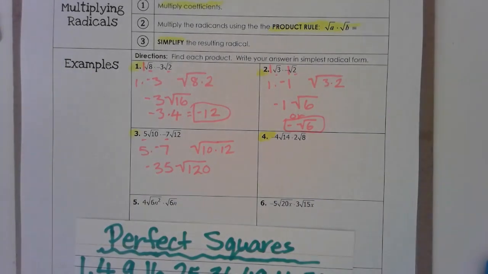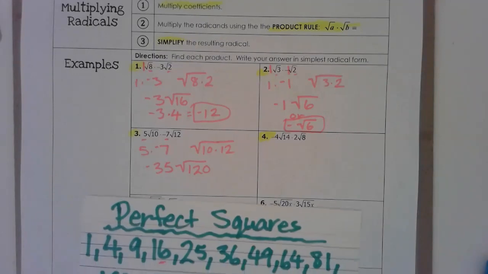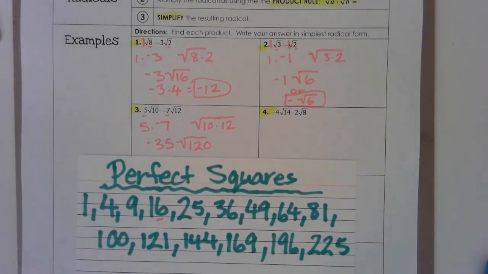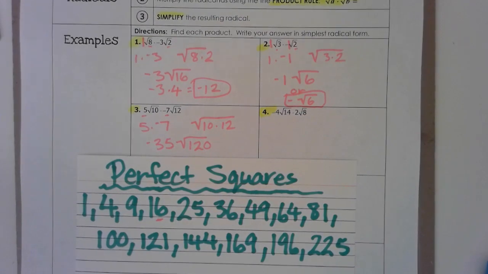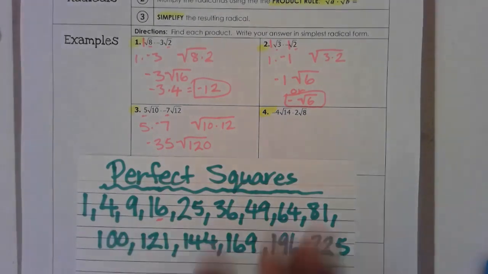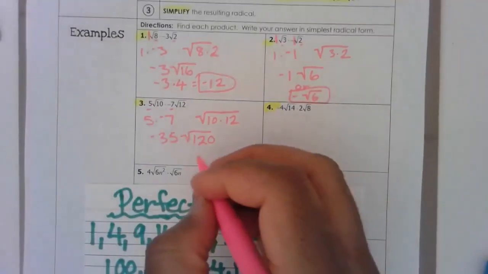Now that we've multiplied the outsides and the insides, we can go ahead and actually simplify what's on the inside of that radical. So we'll use our perfect square card that I have here that I've been moving around a bit. We'll just go ahead and try to find out what the biggest perfect square into 120 is. And strangely enough, the biggest perfect square just happens to be a 4. You wouldn't think that, but it is.